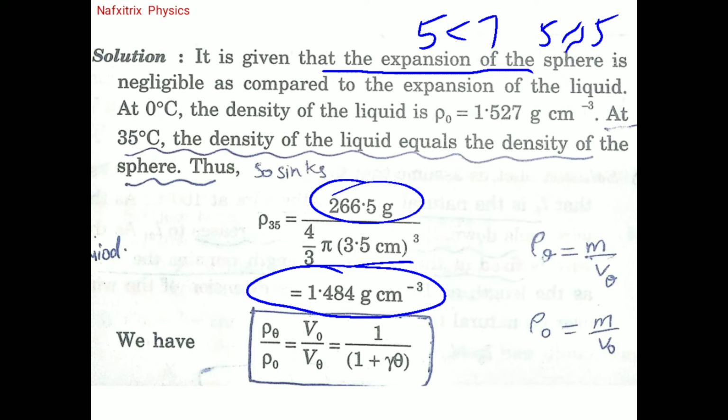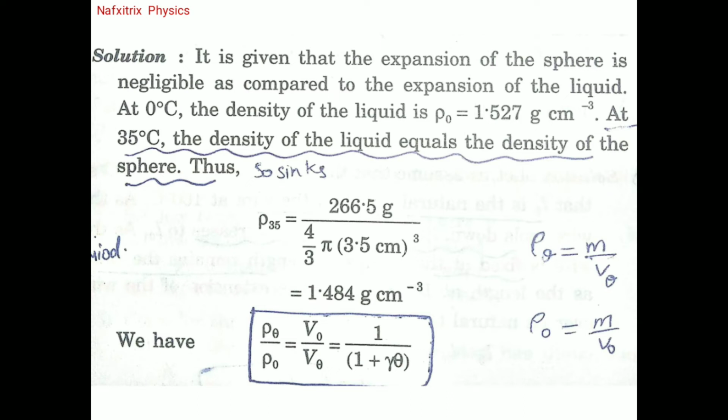And the next thing is, density is nothing but mass by volume. If we assume the mass of the liquid to be constant, then density is inversely proportional to volume.